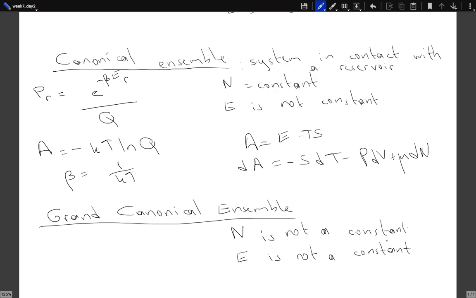So such a system is a system which is in contact with both a heat and a particle reservoir.